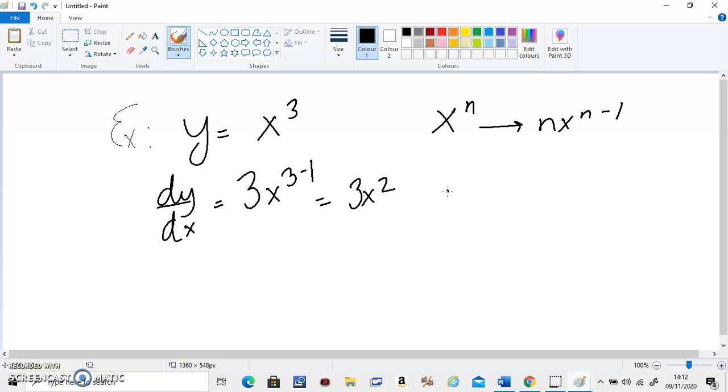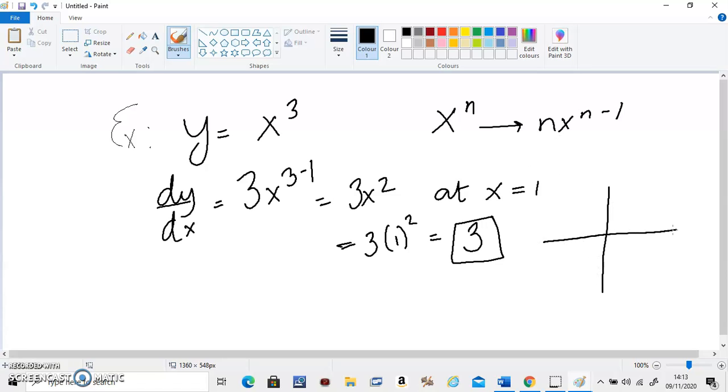Now if the problem says at, say, x equals 1, it means find dy by dx at x equals 1. All you have to do is, in place of x, plug in 1. So there should be 3 times 1 squared, which is 3. So what is the meaning of 3? It is the slope of the tangent line at x equals 1.